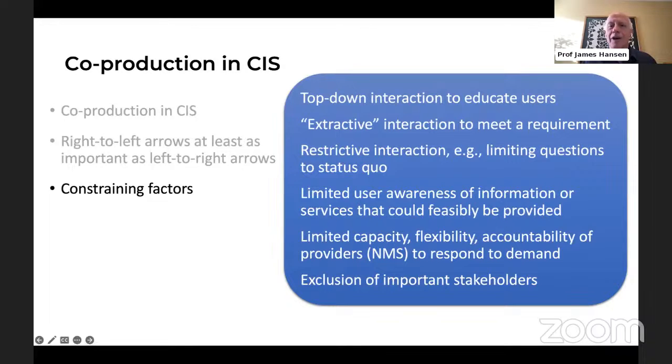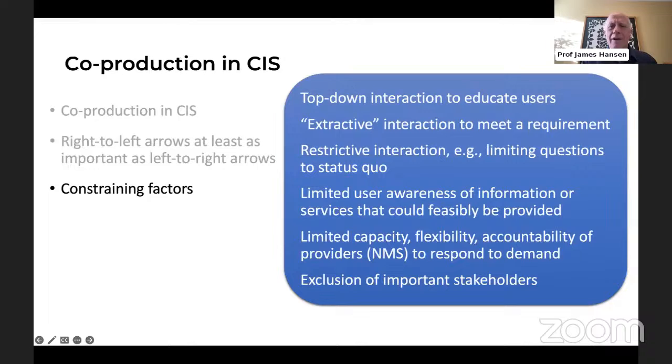On the supply capacity side, that can also be challenging. National Meteorological Services tend to be seriously underfunded in most of Africa. They have very limited resources, so they may lack the capacity and flexibility to respond to user needs. In some countries, they sit within the Ministry of Transport or Ministry of Commerce, and so their official mandate emphasizes transportation, for example, shipping and airlines.